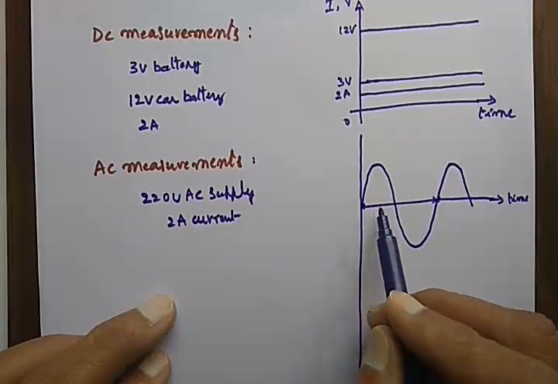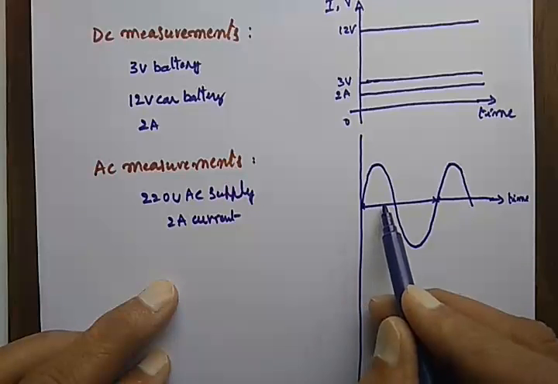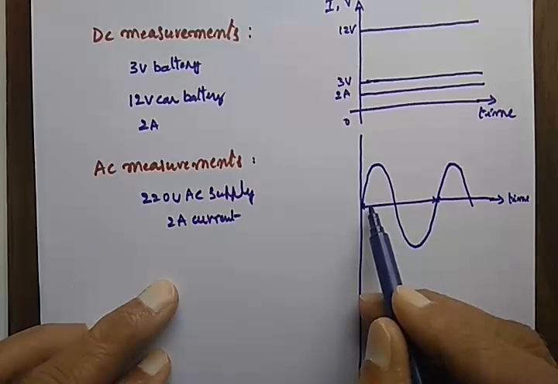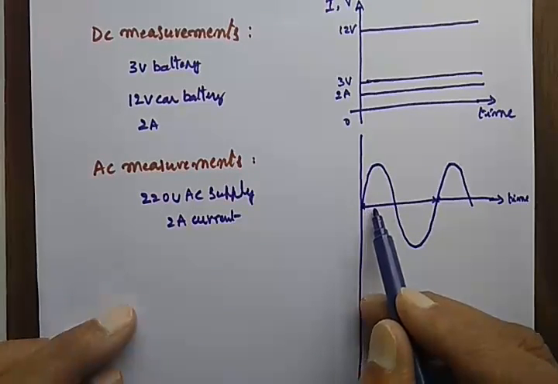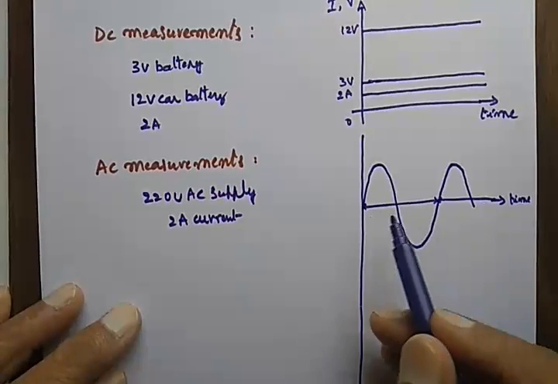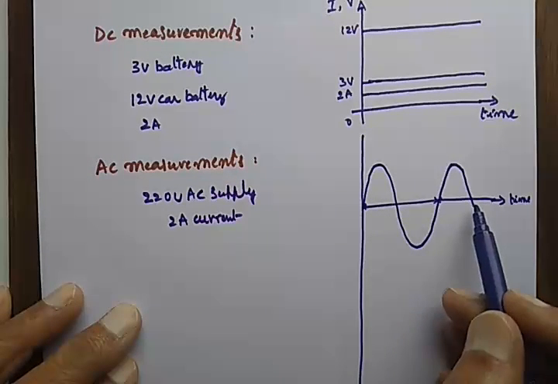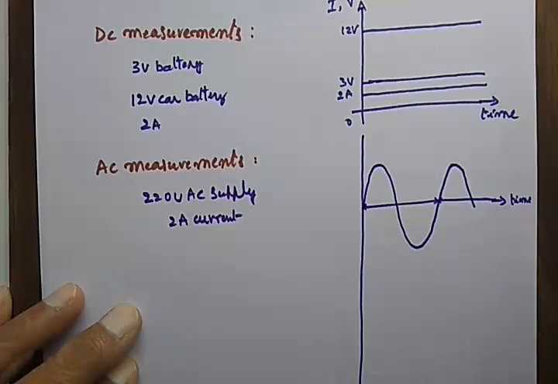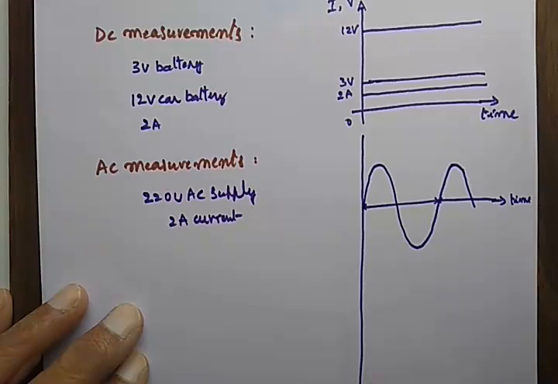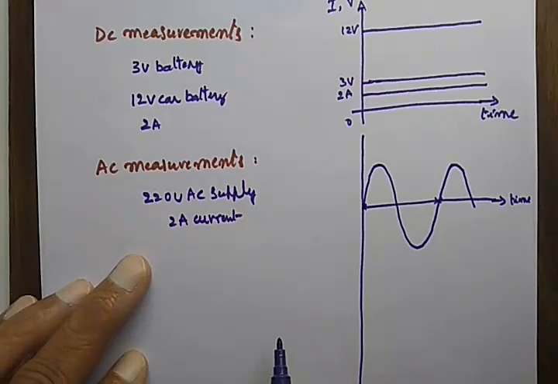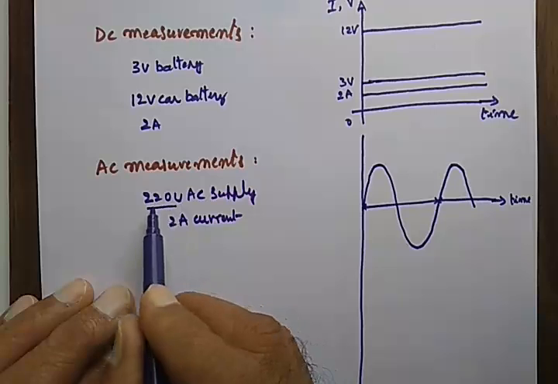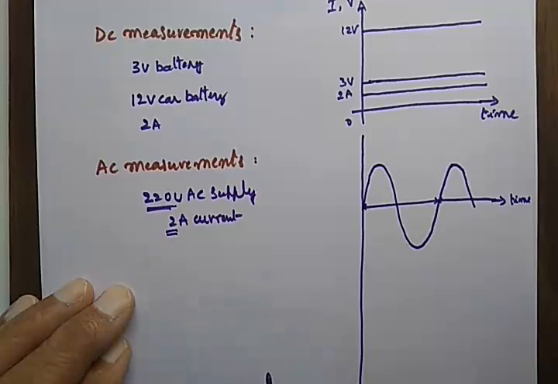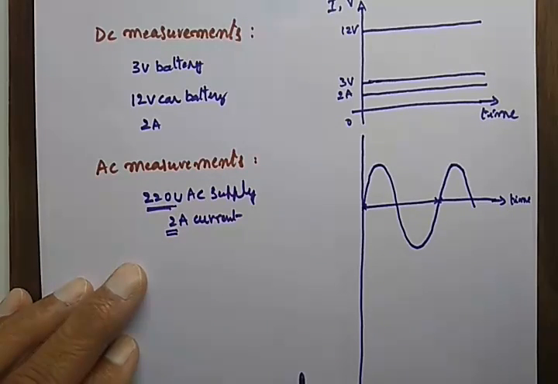It keeps varying every second, every microsecond, continuously. And if you take the same instant in the next second, it need not be the same. It can be different. So what do 220 volts and 2 amperes mean in AC?